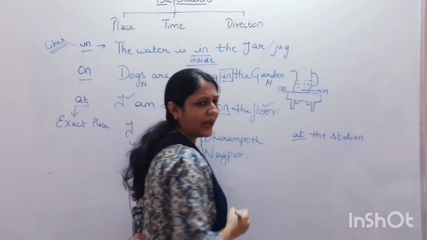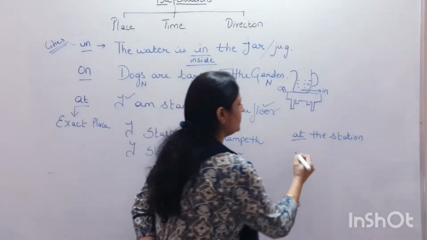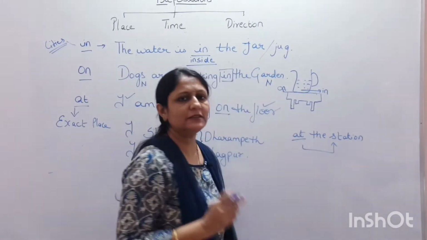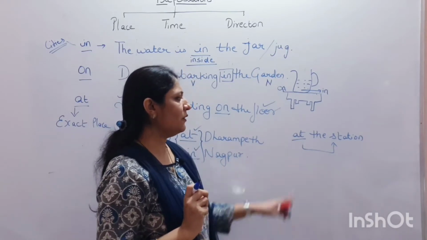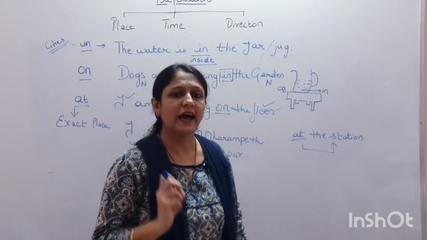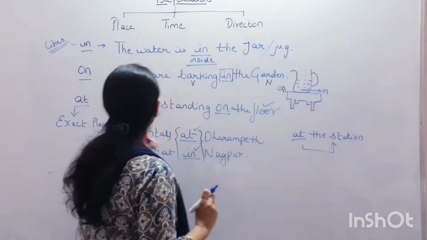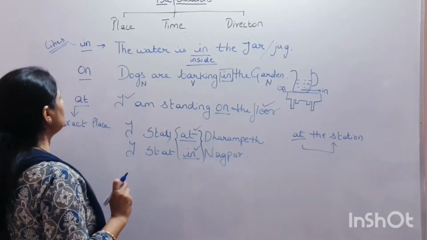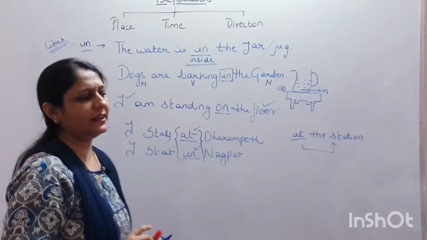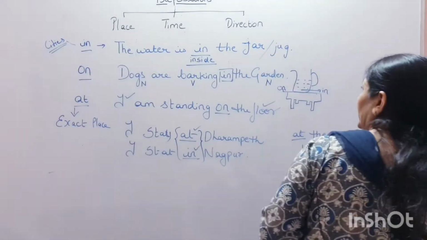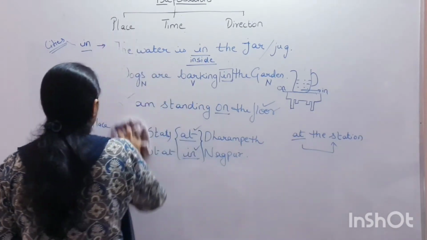The word at is again describing the exact place where the train has arrived. So this is how we have used the word at. Okay. So now this is how I told you the 3 examples in, on, at as place. Now let's study the usage of in, on, at as time.